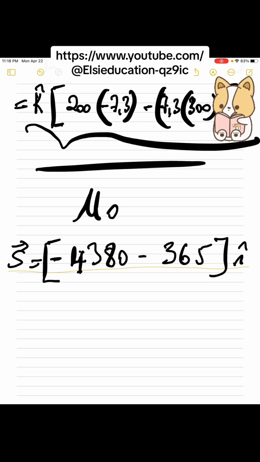So on the i section, that's minus 4.75 i.